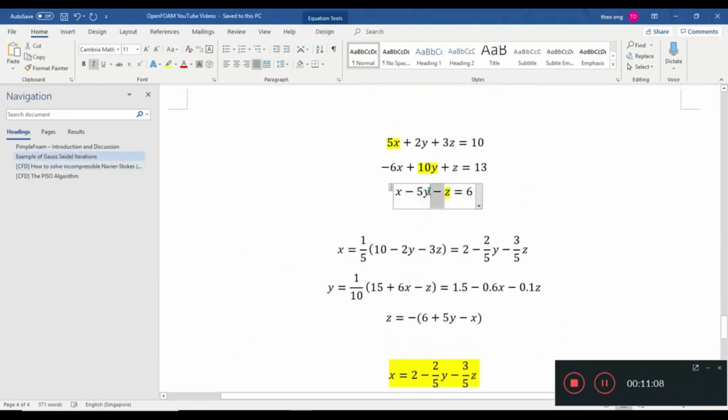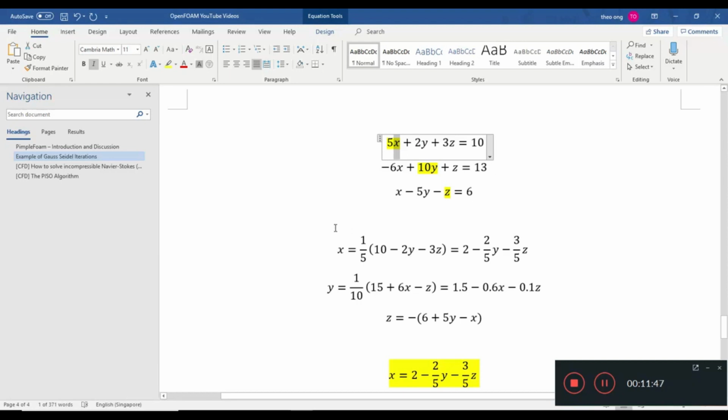Normally the right way is to have a very large coefficient of z, but unfortunately here the coefficient of z doesn't really matter. The only way is, let's say you have a 10 over here, then you have diagonal dominance because the coefficients on these diagonals are the biggest. That's ideal anyway.